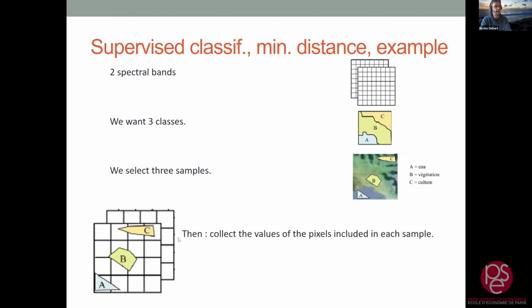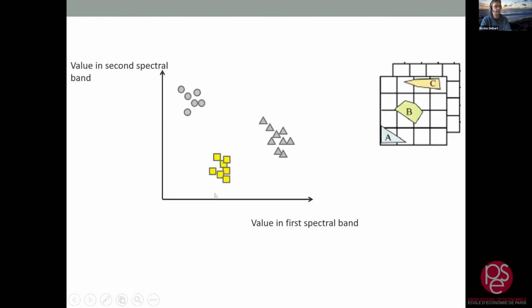And then it looks like that. This graph is the reason why in this first example, I use only 2 spectral bands. It's because it's possible to represent it in a 2D graph. So here, all these forms are the values of the pixels in the first spectral band and in the second spectral band, of each of the pixels located in the sample for the 3 classes.